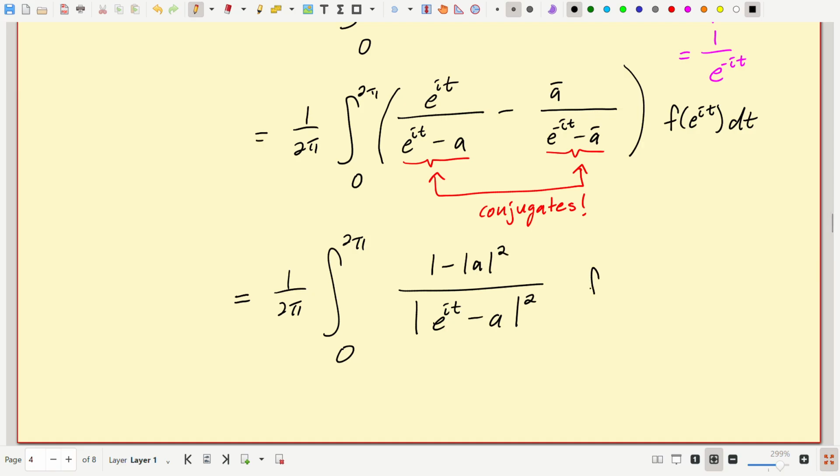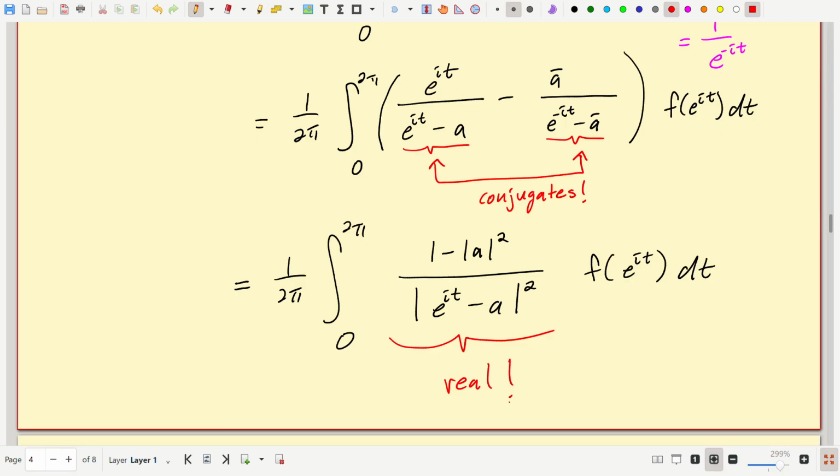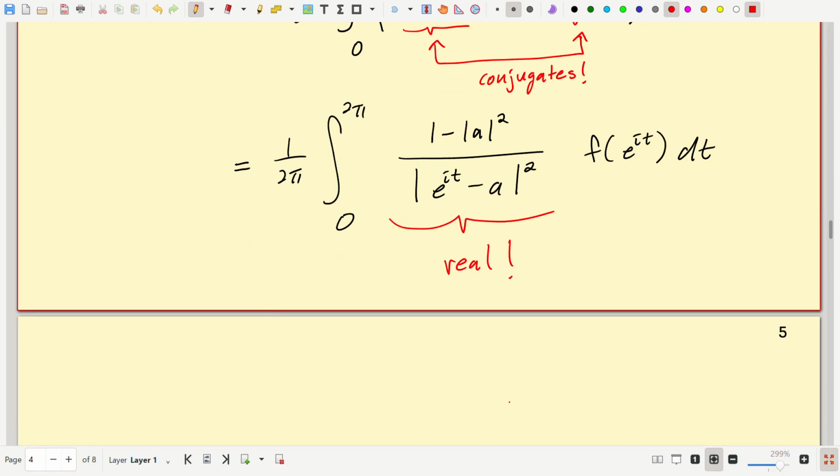And here you get, so the miracle is this thing is real valued. And so now, since that's a real valued thing, I can take the real part.